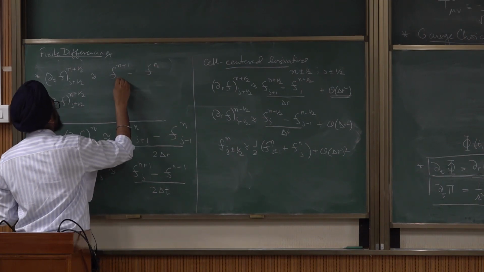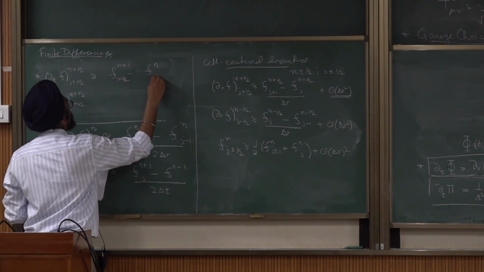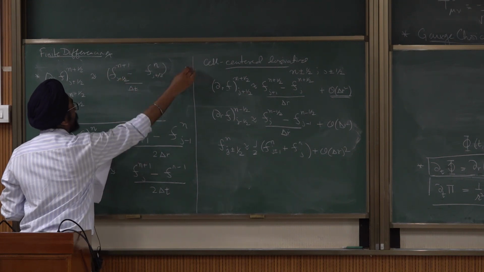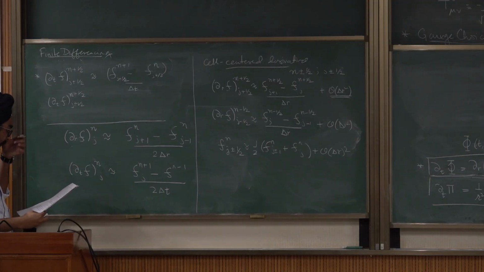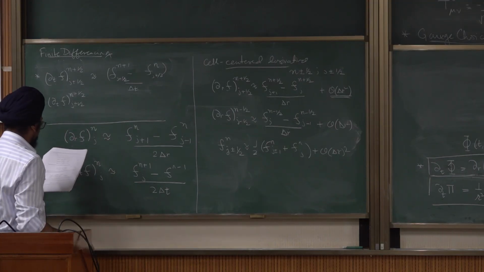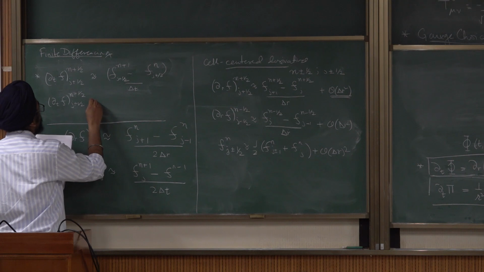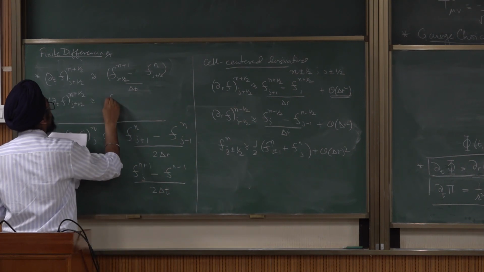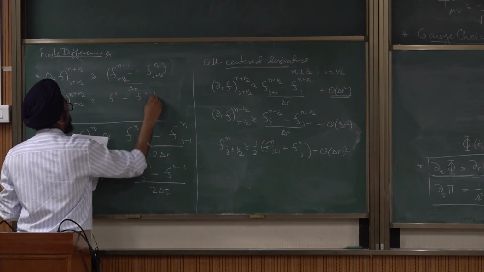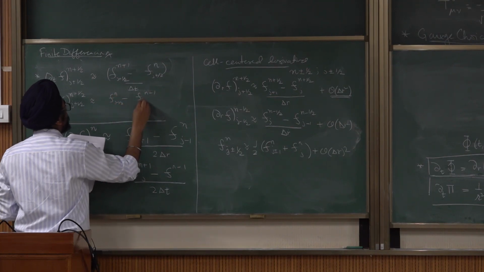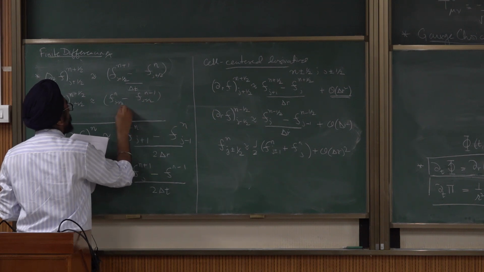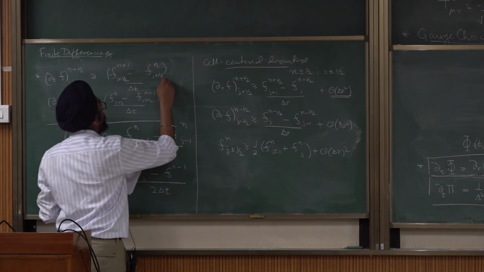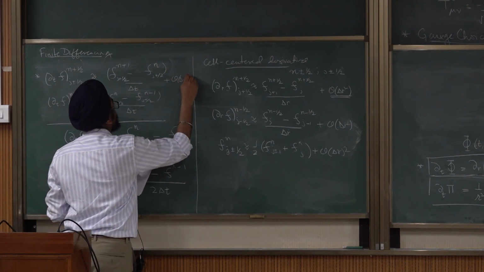I'm just going to write that straight away. So this goes over delta t, and of course valid up to order delta t square. And then you have this one, which is n minus half, so you automatically know it is going to be n minus 1. So this is n minus n minus 1, at j minus half, over delta t. Of course, both of them are valid to order delta t square.